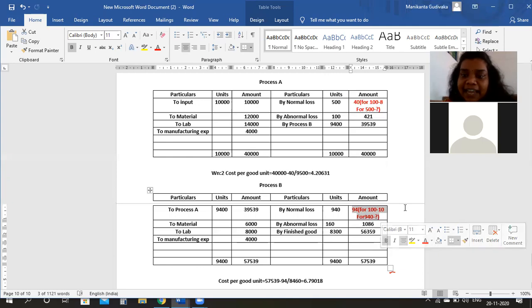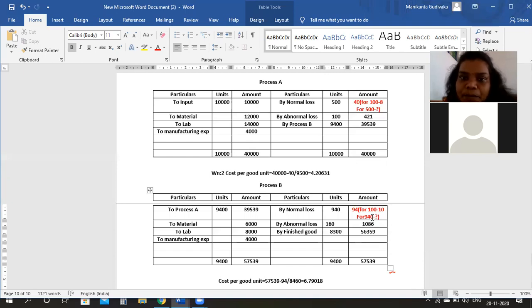That is the reason I have calculated like this by cross multiplying the numbers. Are we clear? This is the important point here. Anyone, any doubts? No? Can I proceed? All right, this is your process account.